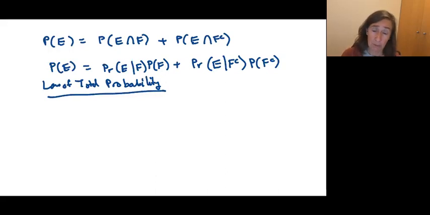Super duper useful. The way many people, me included, think about the law of total probability is that it's a weighted average. What's the probability of E? Well, it's some mixture of the probability of E if we're in the F world and the probability if we're in the F complement world. What determines how much of this is in the mixture versus that?